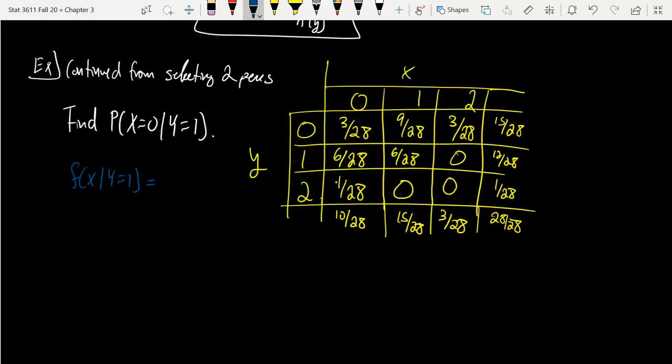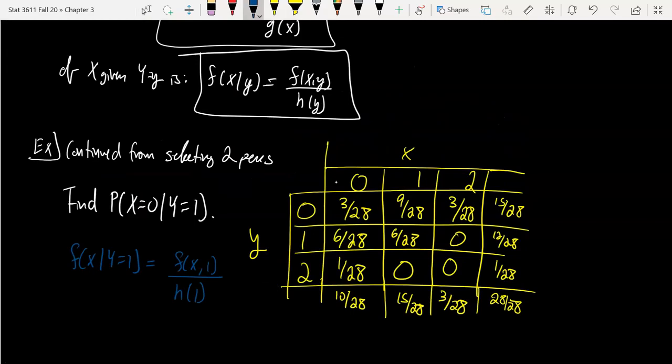According to the most recent definition, that is the joint distribution f of x comma y, but notice in these conditional distributions you're given specific values, so we should substitute those in, divided by the marginal distribution of y when y is equal to 1.